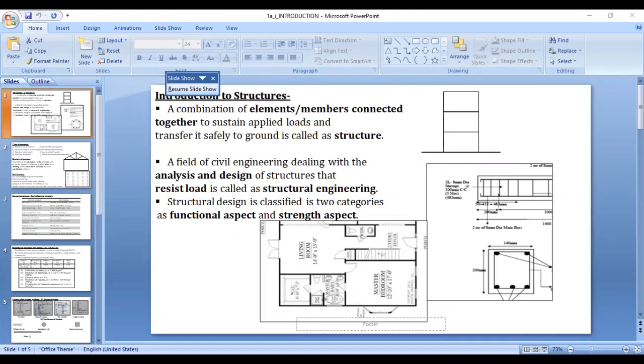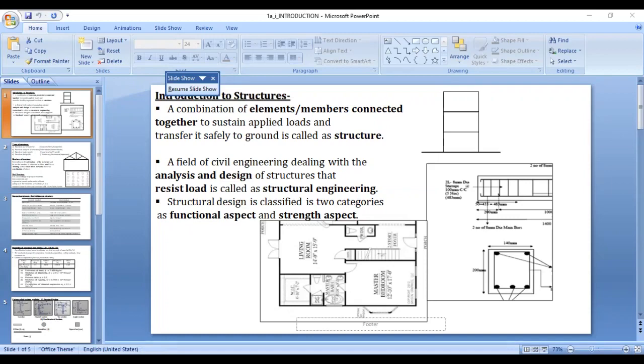If you see the next slide, we will be discussing the types of structures. There are four classifications of structure: depending upon the use of material, based upon the analysis of the structure, based upon the load transfer, and last one is based upon the design life.